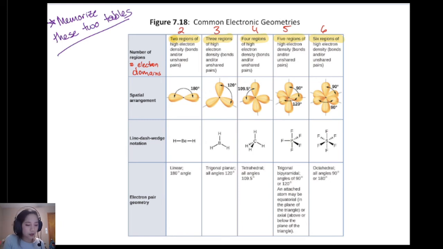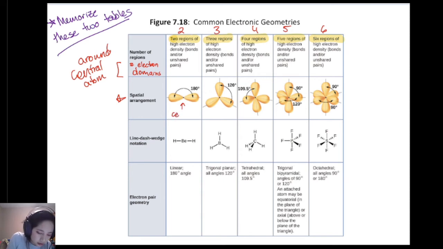And so you can see in spatial arrangement is how those electron domains will spread themselves out and repel each other around a central atom. So I want to take a note around central atom. And so our central atom here is this little dot, central atom. All right, so for 2, we have this full 180-degree arrangement.